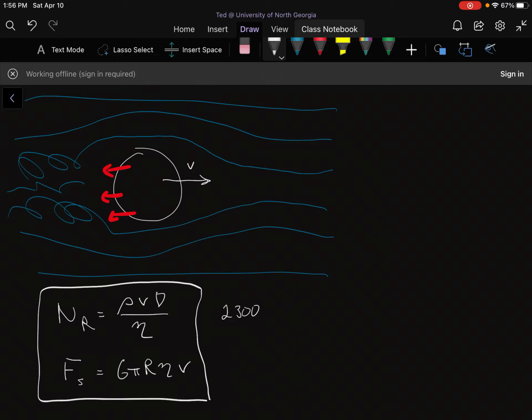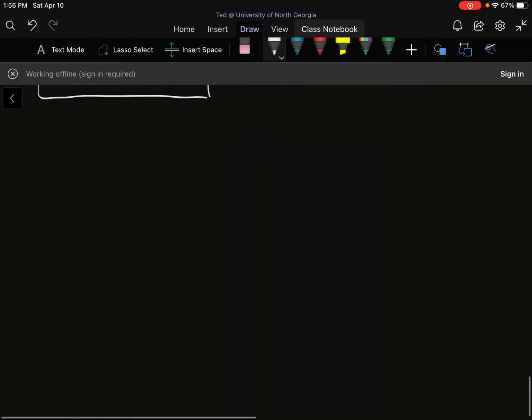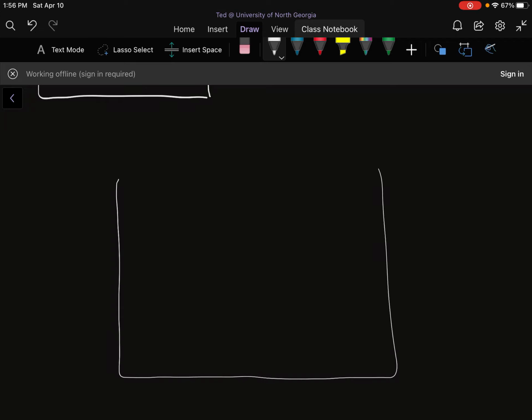So I'm going to go ahead and do an example. Imagine that we have a ball that's underwater. I'm going to make this a lacrosse ball. Okay, and let me go ahead and look up some numbers.